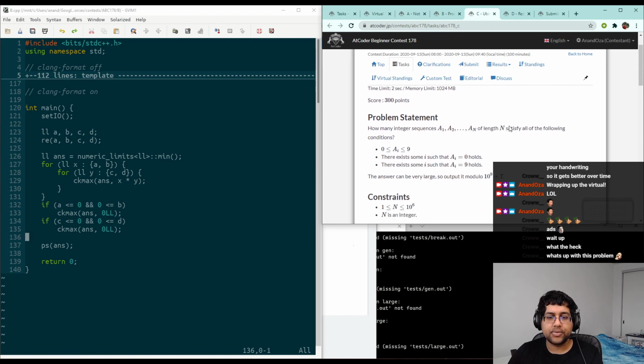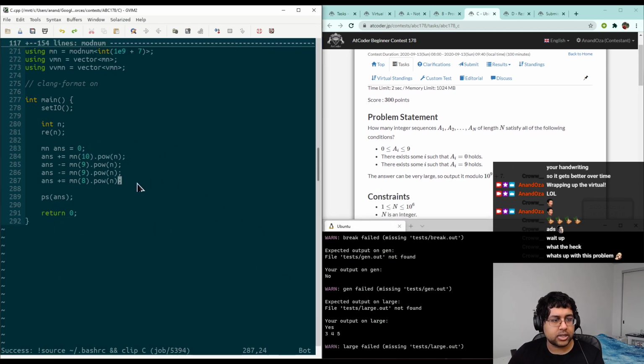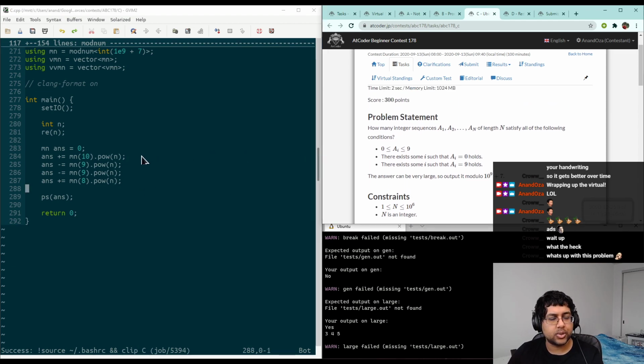All right. So for C, I actually like this one. Basically what we want to do here is use the principle of inclusion and exclusion. Here we're counting all the possibilities for sequences, so that's 10 to the n because each digit could be anything. Then we want to subtract 9 to the n, which would be all the sequences that don't contain a 0 at all.